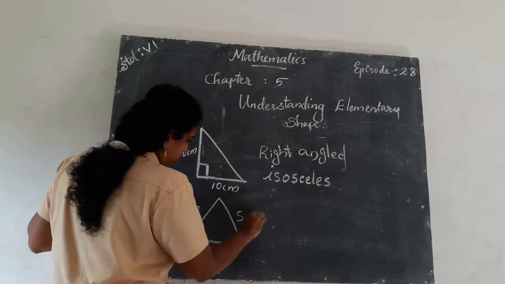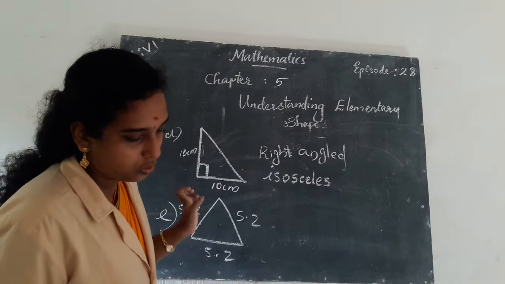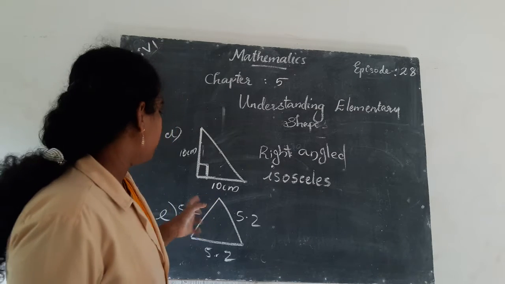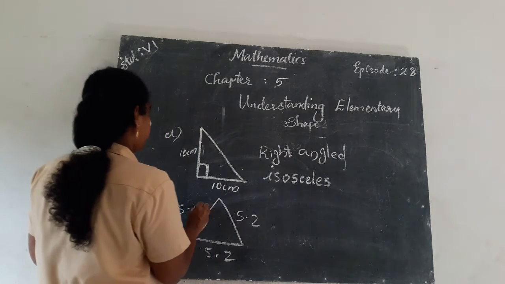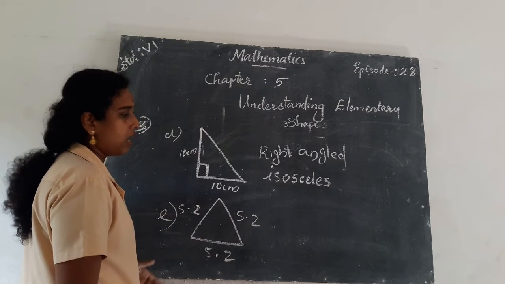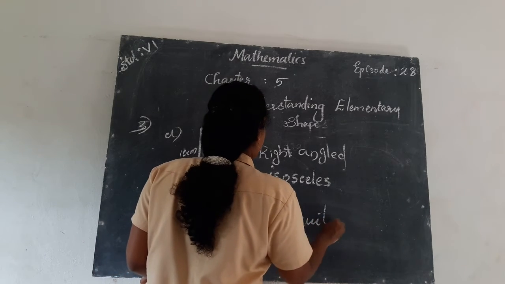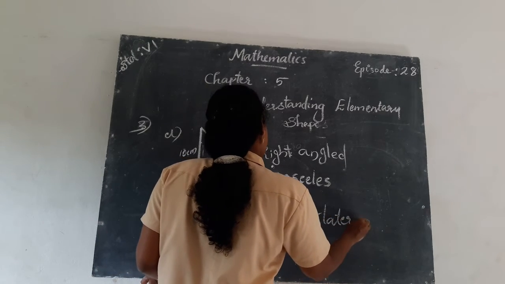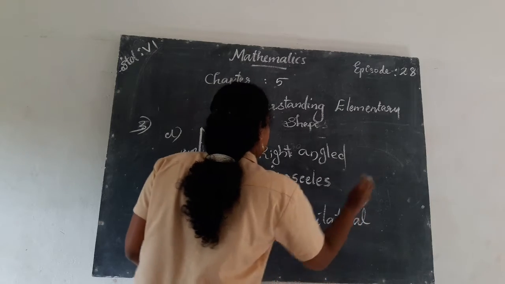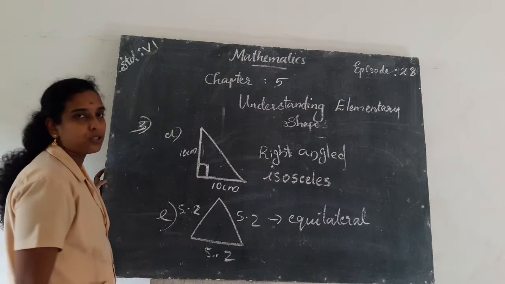The three sides of the triangle measure 5.2 centimeter. So the three sides of the triangle are equal, then it is said to be an equilateral triangle, because the three sides are equal to 5.2 centimeter.